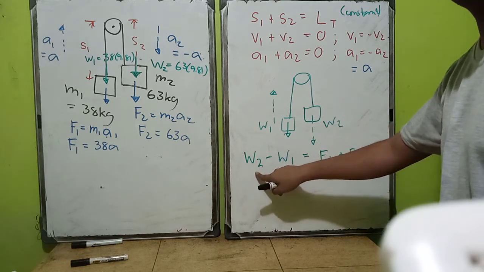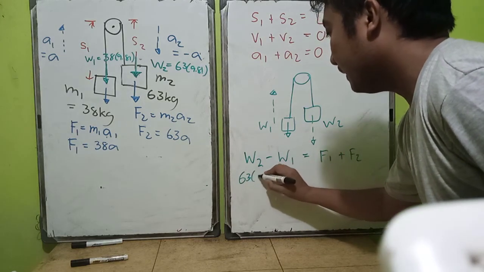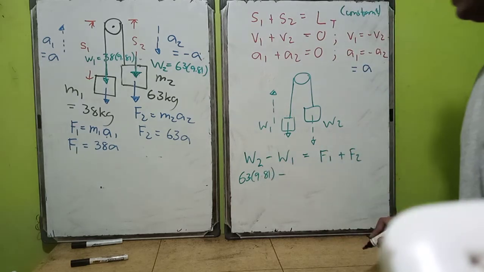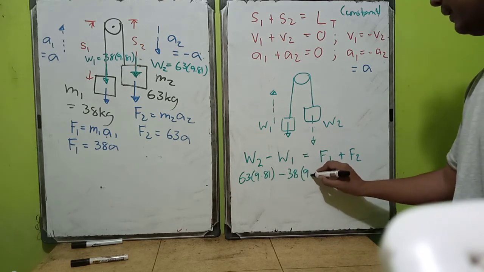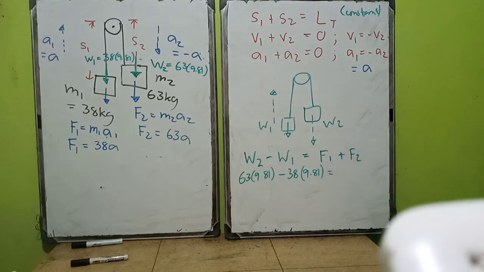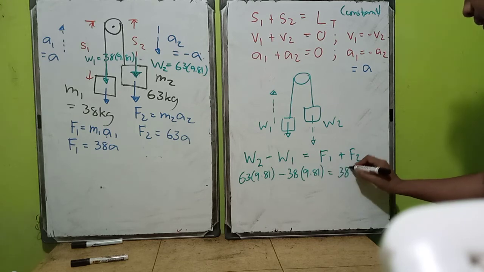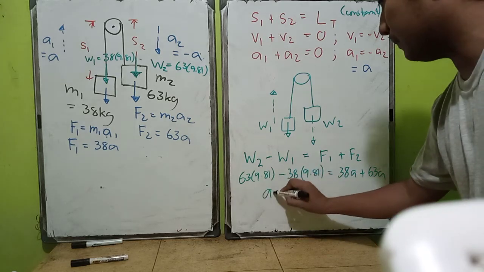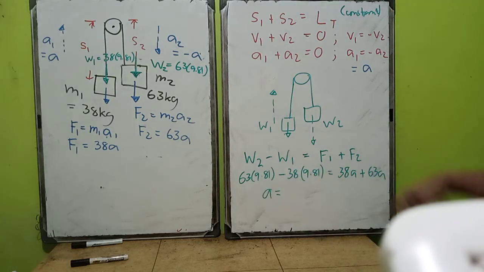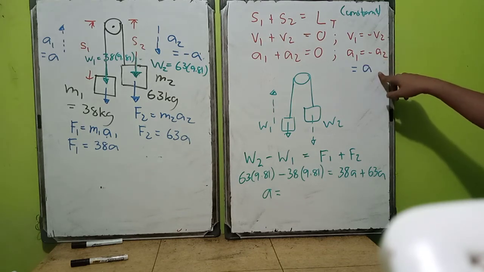So therefore, W2 minus W1, which is equivalent to 63 times 9.81 minus 38 times 9.81, is equivalent to the forces 38A plus 63A. So in this problem, we can actually solve the acceleration. And that acceleration is equal to A sub 1 and equal to A sub 2, although opposite in sign.